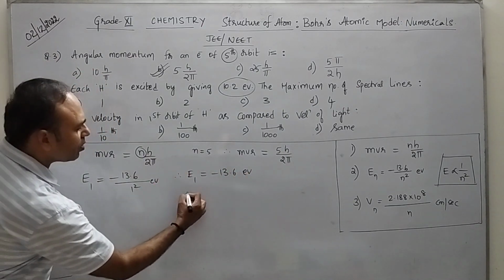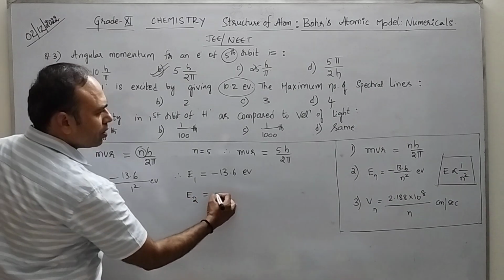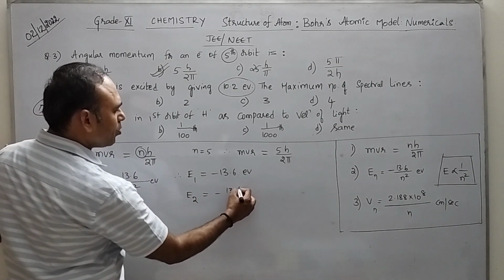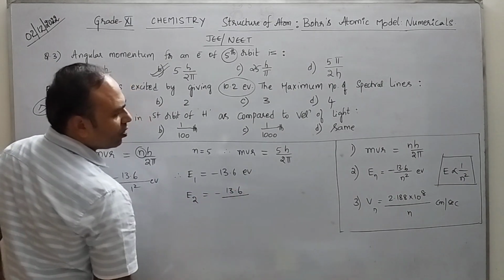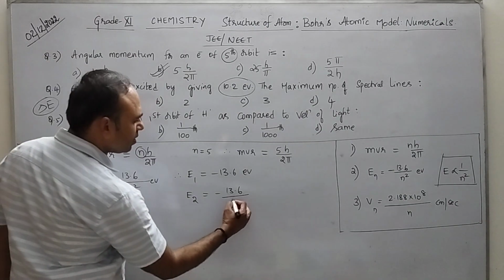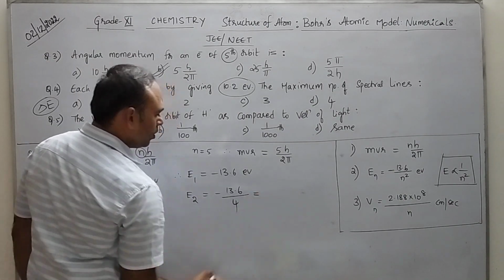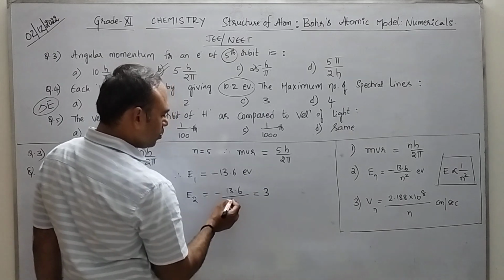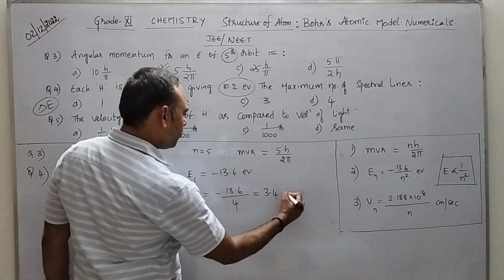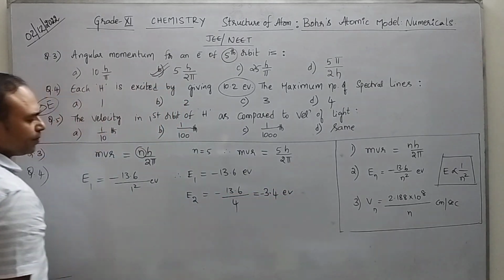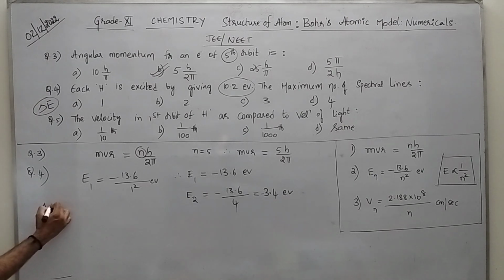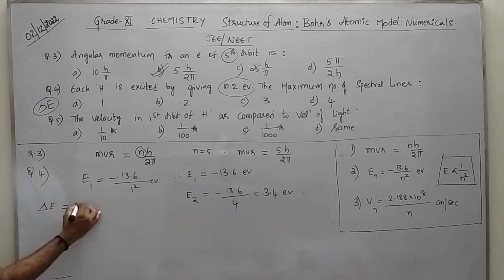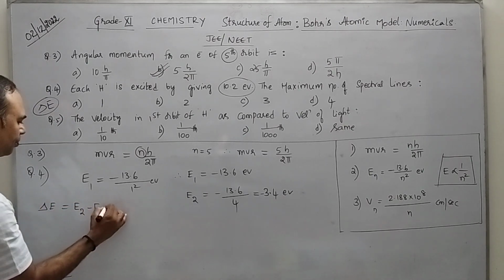Now in the same way you calculate E2. So minus 13.6 by what is n here? 2. Hence it is nothing but 4. So what do you get? 4 3s are 12 and 16. 3.4 eV, so minus 3.4 eV. If you take the delta value, it is nothing but E2 minus E1.